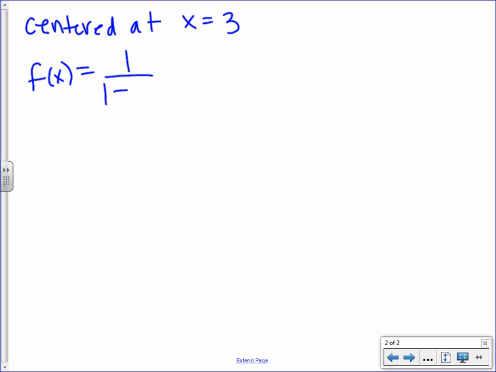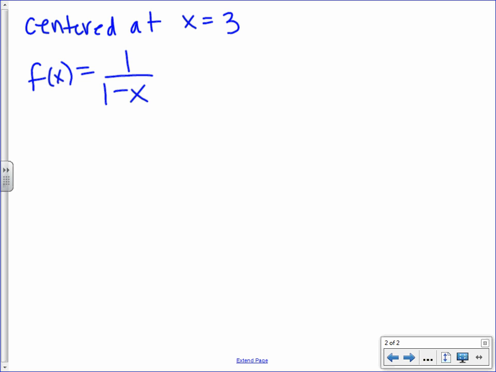Okay, so let's have some fun. Same function. Now I want it centered at x is 3. And then we'll just start at n equals 3.